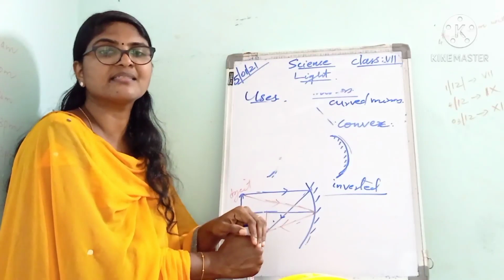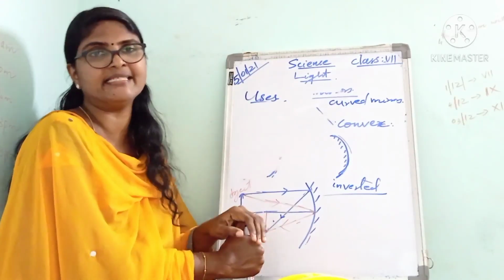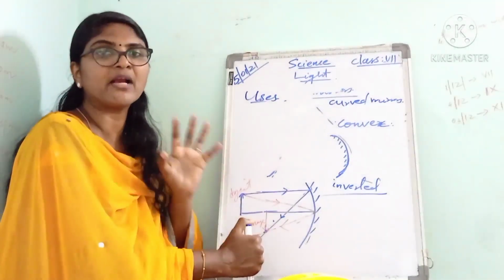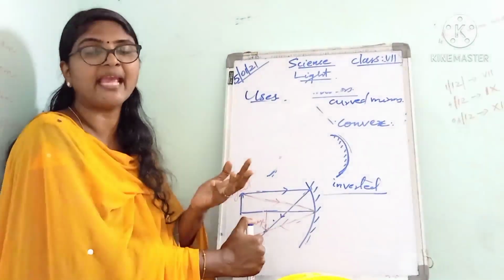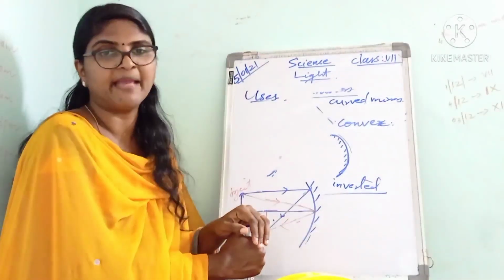This is because a concave mirror concentrates light. That is why we obtain a bright spot on the paper.